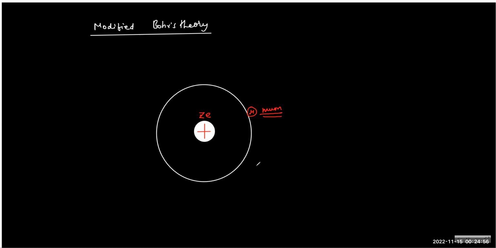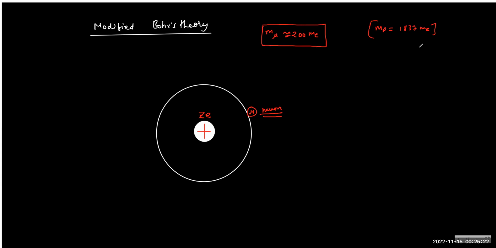But imagine if I give you a muon. The mass of a muon is roughly 200 times the mass of an electron. And we know that the mass of a proton is how much? 1.67... 1837 times the mass of an electron, right?